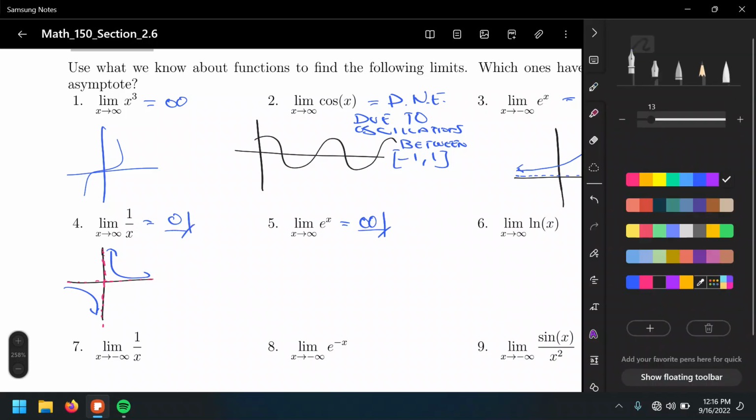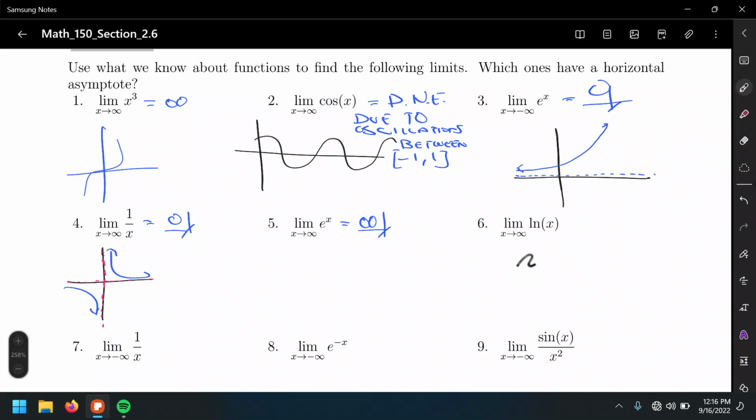Let's draw the graph. So ln x has a vertical asymptote at the y-axis, and the graph looks like this. For large values of x, this one definitely is going to go to infinity.